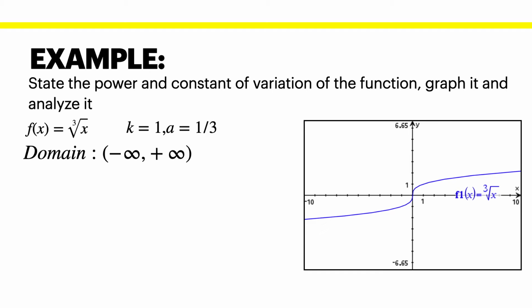So if you propagate your graph from the left to the right, you're going to have a domain of negative infinity to positive infinity, which means all real numbers. For the range, same goes. If you travel from negative y to positive y, you're going to see the same thing. Your graph will propagate forever from negative infinity all the way up to positive infinity.